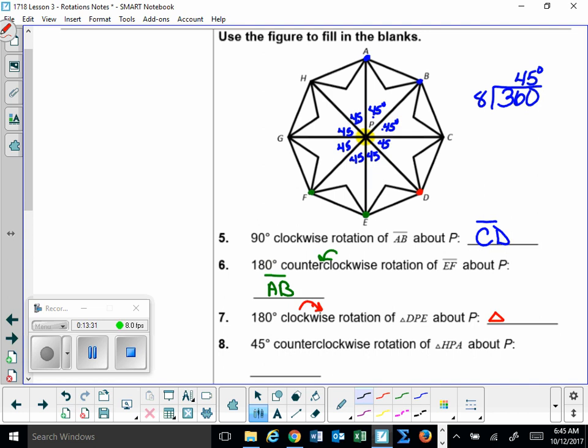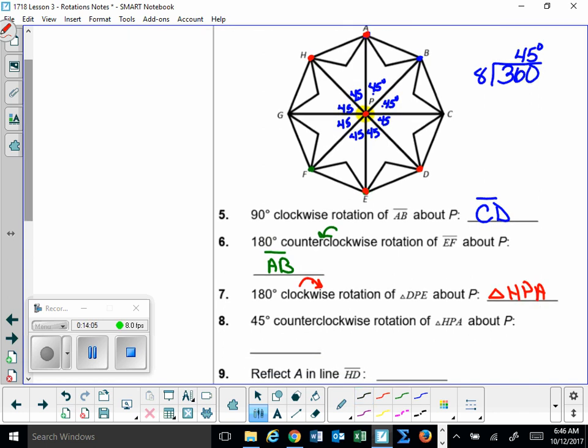Let's see. 45 is E, 90 is F, 135 is G, 180 is H. P is the point of rotation, so that doesn't change at all. Now E. 45 is F, 90 is G, 135 is H, 180 is A. So it becomes triangle HPA.